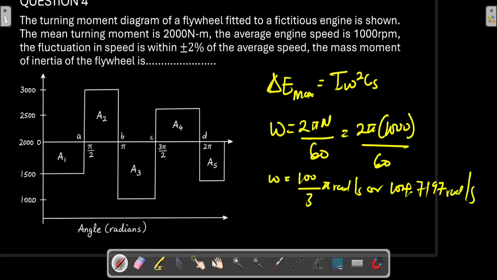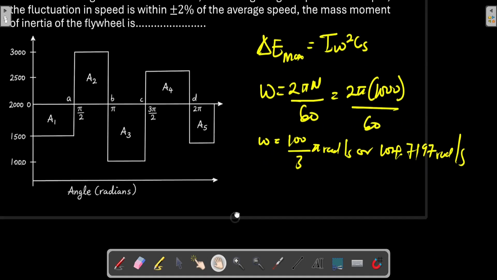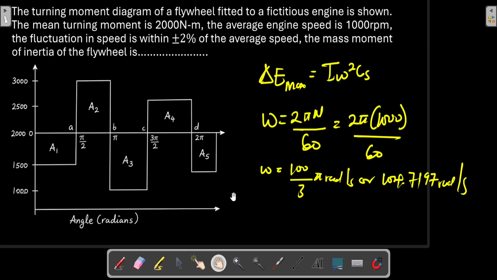Now, do we know CS? Yes, we know CS. Now, there's one thing I have to realize. We've been given the fluctuation in speed within a particular range, that is plus or minus 2% of the average speed.